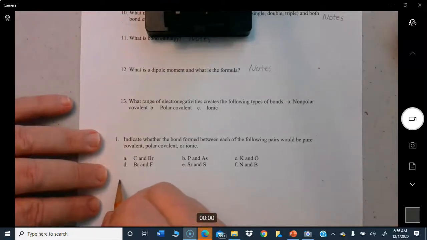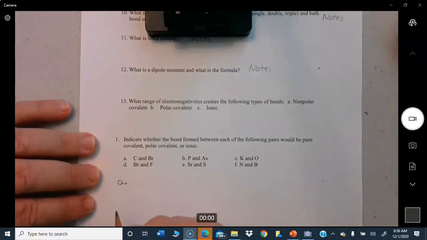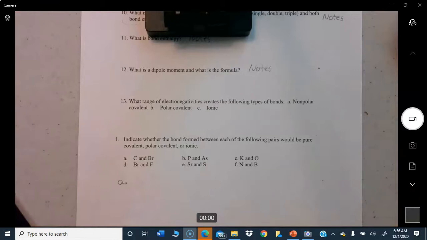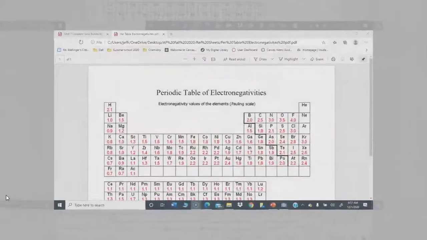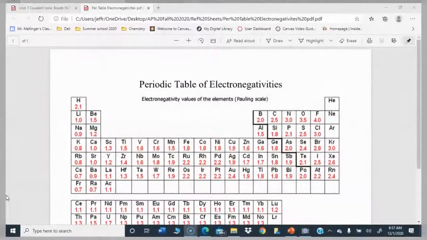So A, first of all, I want you to write down what the electronegativities are. Okay, so here's the periodic table of electronegativities. You should pull this up while you're doing this.